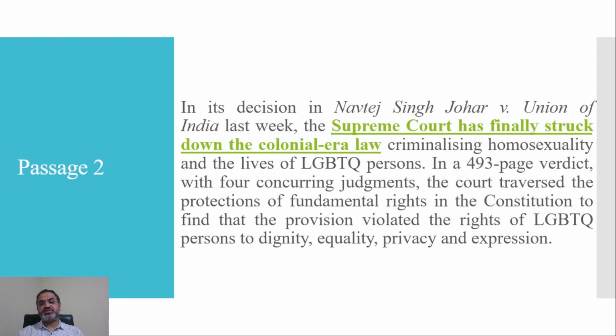A 5-judge constitution bench of the Supreme Court finally struck down the colonial era law criminalizing homosexuality in the lives of LGBTQ persons, in a 493-page verdict with 4 concurring judgments. Concurring judgments are judgments where each of the judges on the bench writes their own judgment.